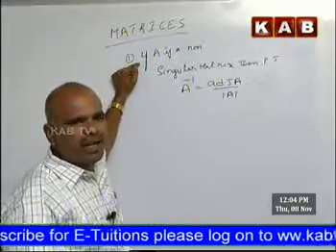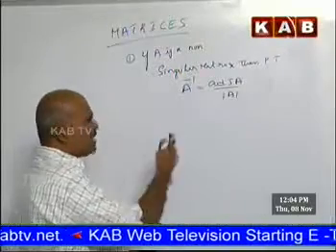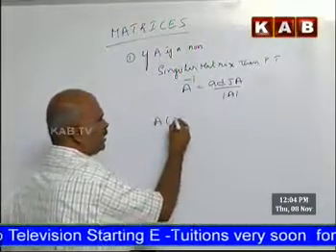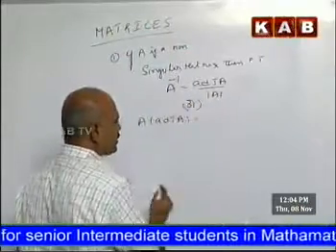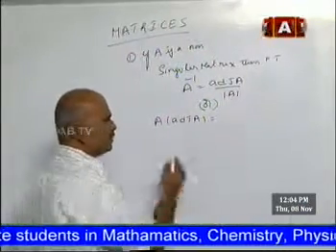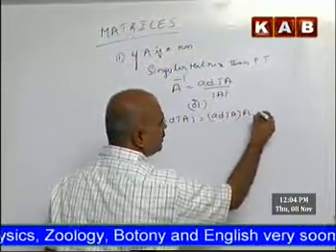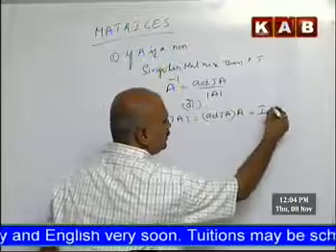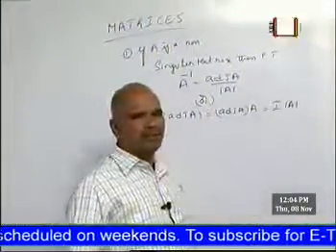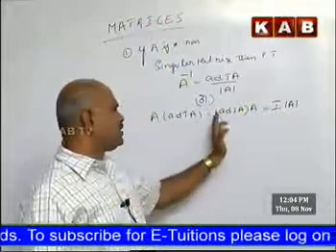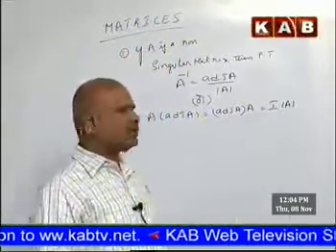So this is the part of that. Or else the same question can be asked in another statement form: A into adjoint A is equal to adjoint A into A is equal to determinant of A into I, that is det A into I. So you have to prove that.